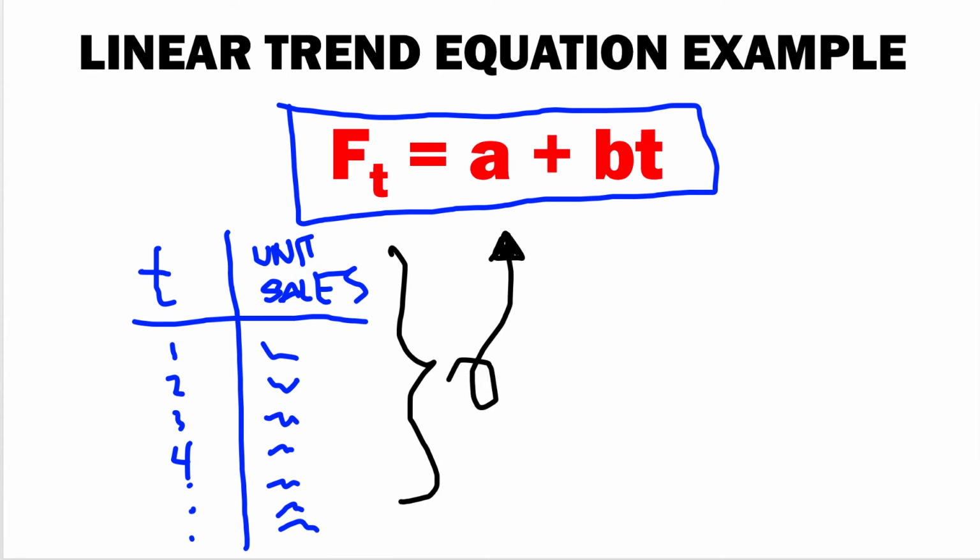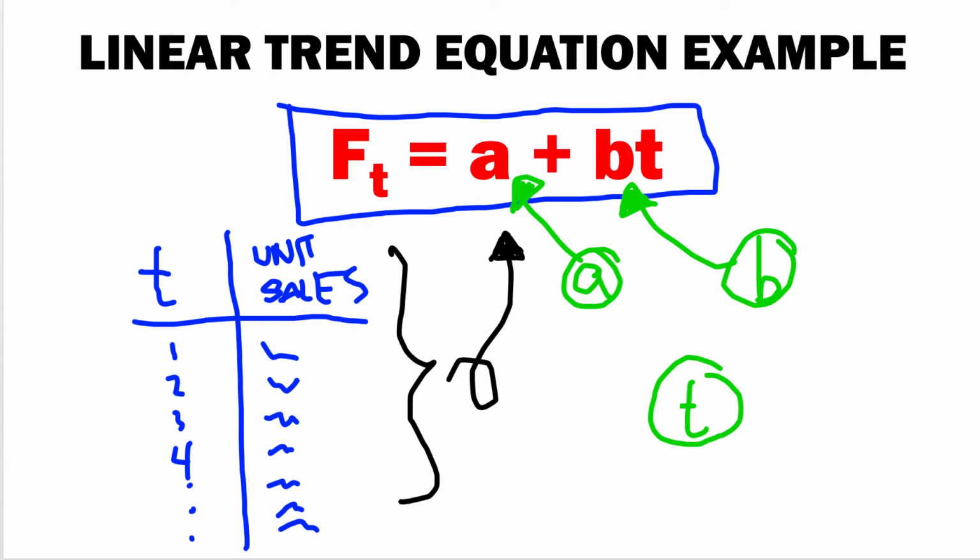Using the data in the table, you will determine B and A. Once A and B are determined, you will be able to forecast for any time period t by plugging t into the formula.